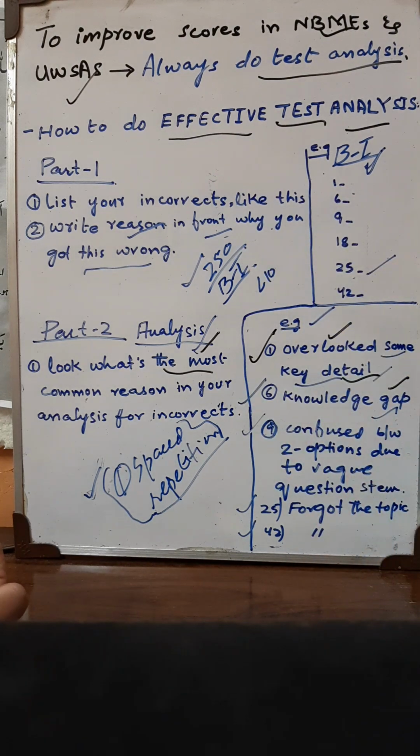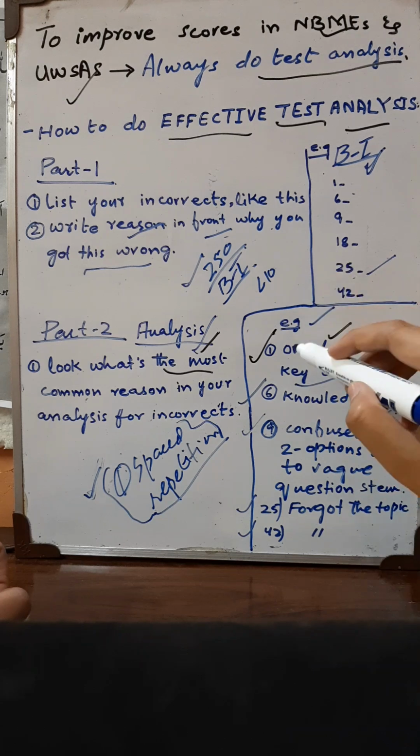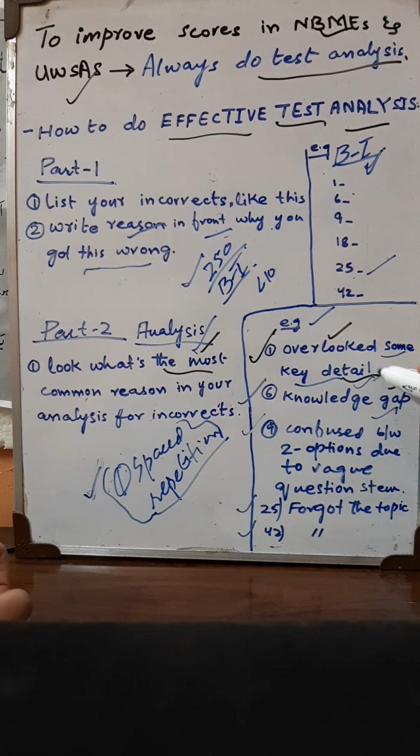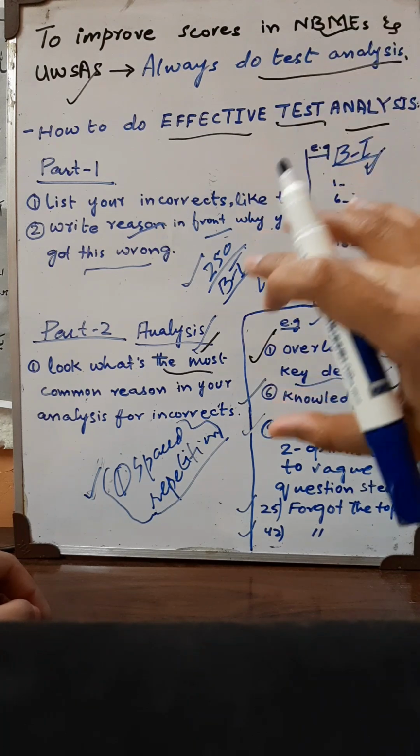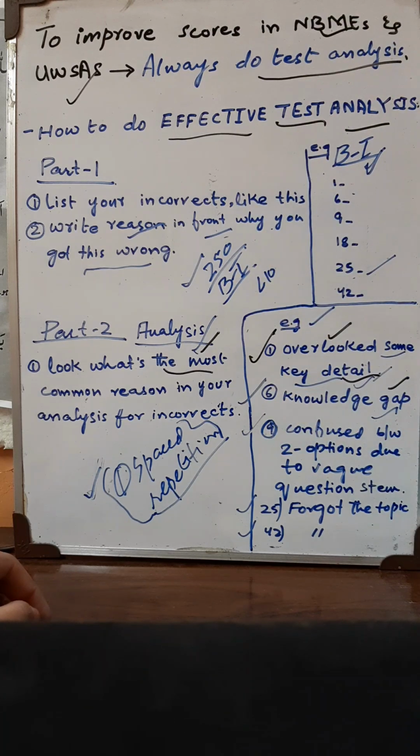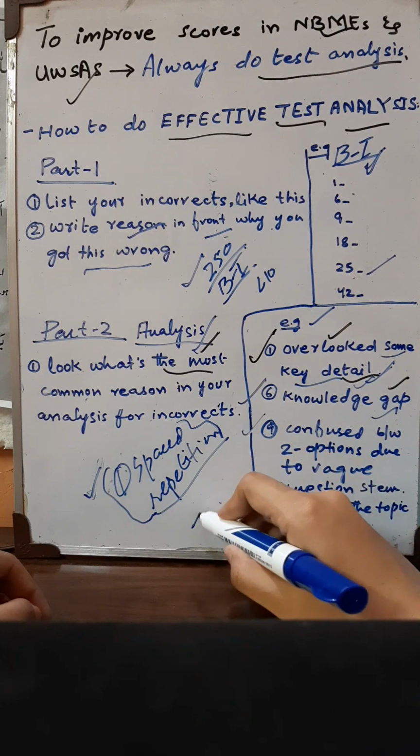And for question number 1, the reason why I got it wrong was overlooking some key details, right? This is the most common reason most aspirants get questions wrong, specifically when the time is near to the real deal, because they are extremely anxious and they are solving their blocks and trying to be fully motivated and fully confident, and due to that they'll be quickly reading all the question stems, all the lines of the question, and maybe overlooking or ignoring some key details, and therefore they are getting the questions wrong, because we all know that options are too close.